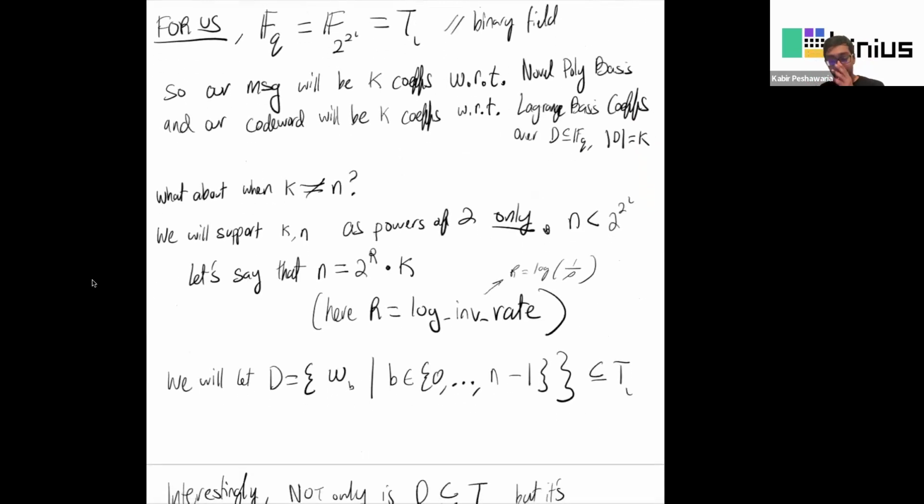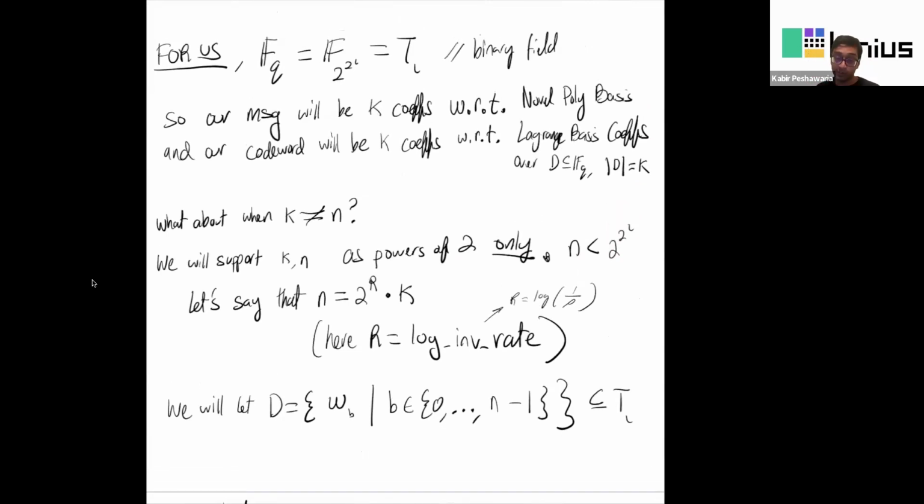What about when k is not equal to n? Well, we will support only, for now, little k and little n as powers of 2. And n has to be less than 2 to the 2 to the iota. Why is this true? Okay, I'm going to go on a little bit of an aside now. Because for Reed-Solomon, if you need a domain of size n, then there needs to at least be n points in your field, right?